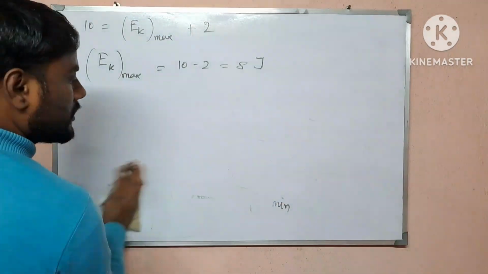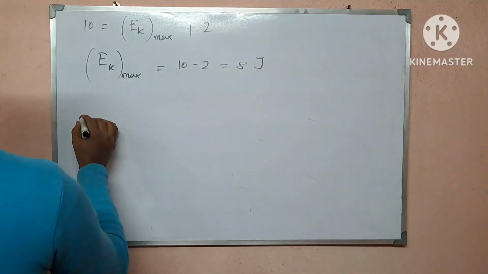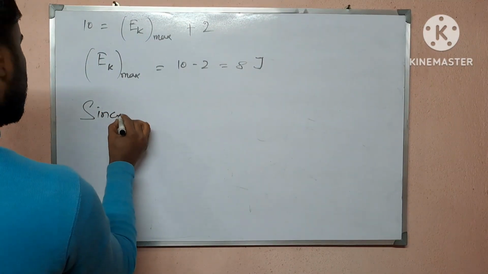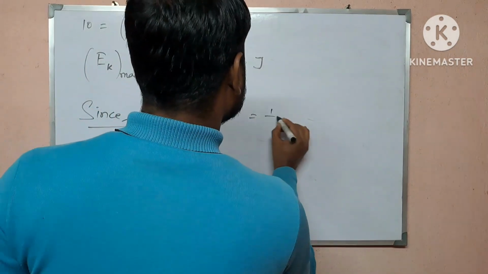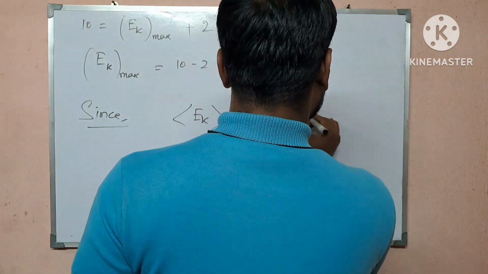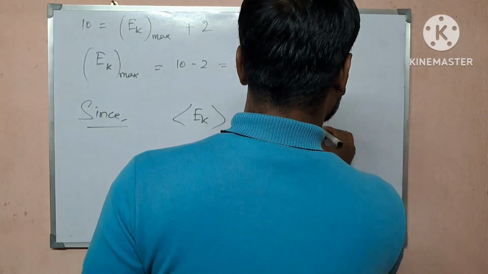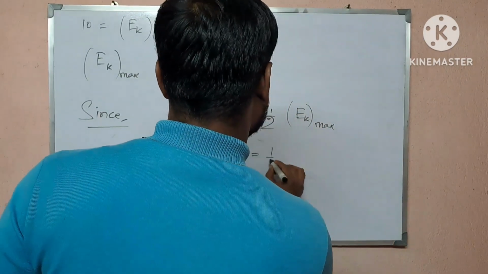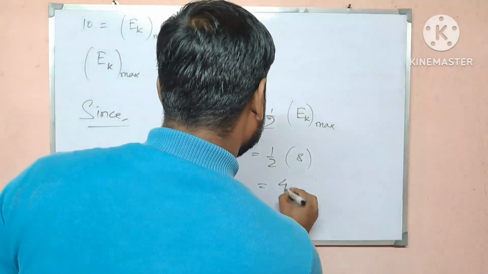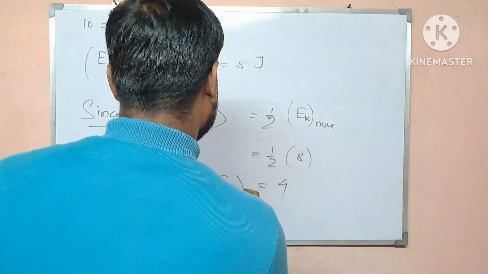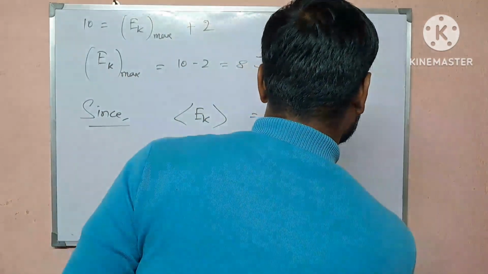But in the question they ask you to find the average kinetic energy. Now we know that the average kinetic energy is equal to half of the maximum kinetic energy, so the average kinetic energy will be half of 8, that is 4. So the average kinetic energy will be 4 joule.